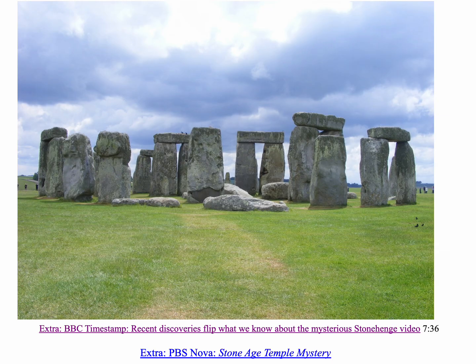And I have this example of this PBS documentary, Stone Age Temple of Mystery. It's a temple that was built in the 9th century in present-day Turkey, which also had people actually living in it at some seasonal points.